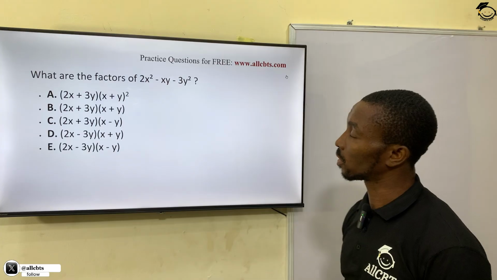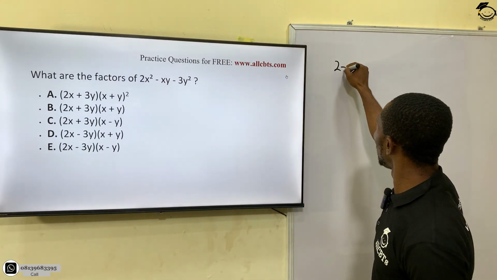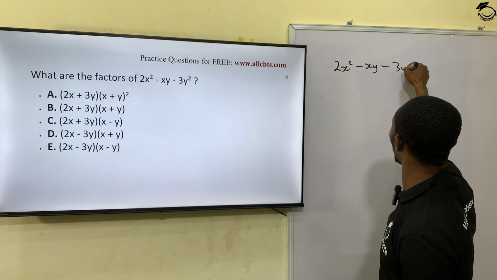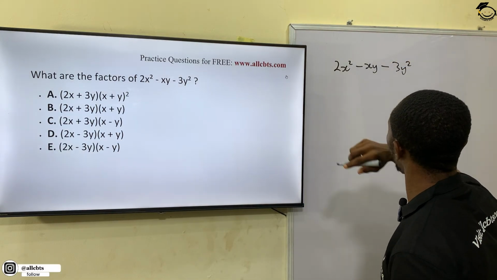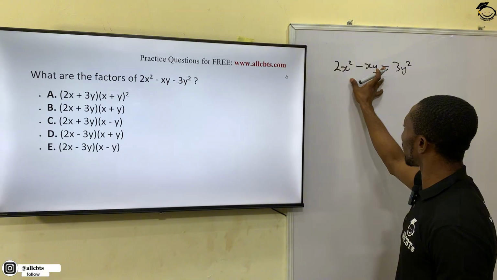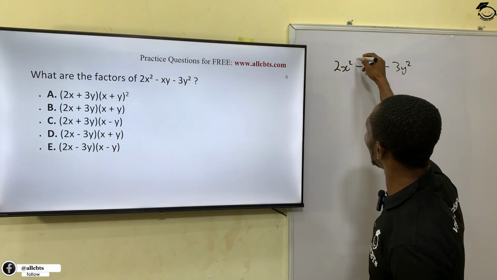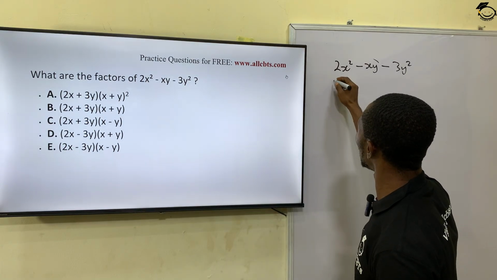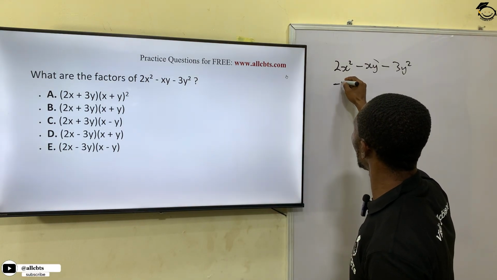Now, what are the factors of 2x squared minus xy minus 3y squared? In order to get the factors of this, we have to look for factors that can give us minus xy.